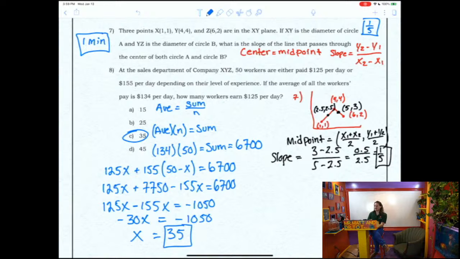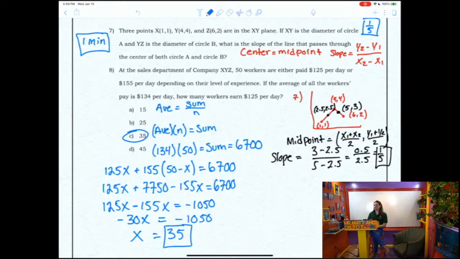But if we let x represent the number of workers who make $125 a day, then 50 minus x, the total number of workers, 50, minus the number that make $125 a day, must be the number of workers who make $155 a day, because it's a bifurcated situation. There's only $125 and $155 a day workers. There's nothing else for the missing part to be.